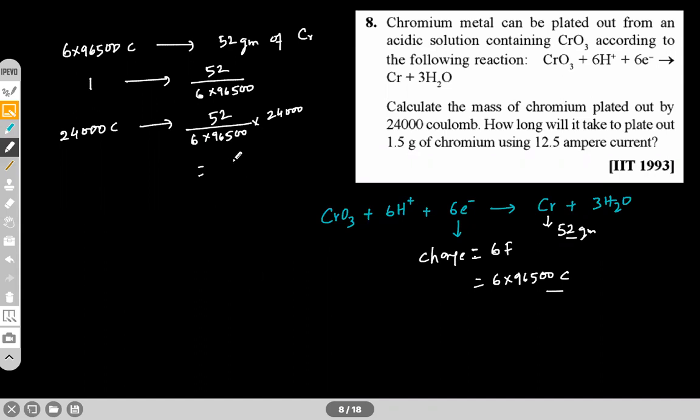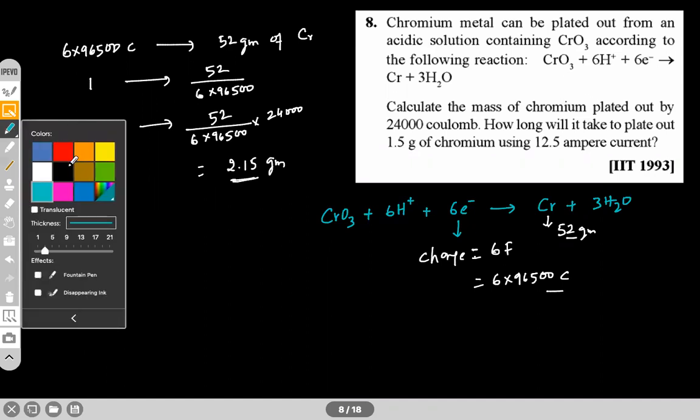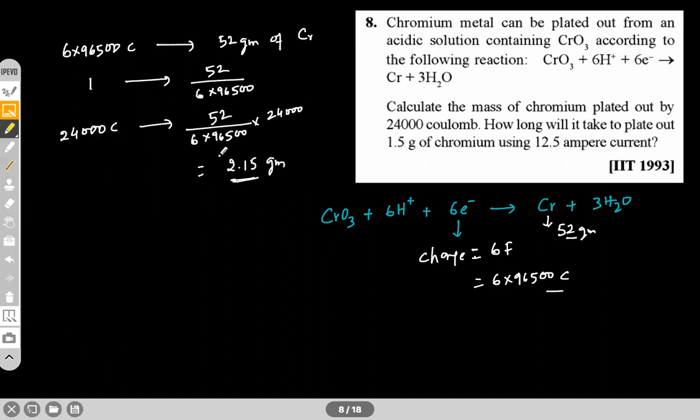Okay, so that is 2.15 gram approximately. So the first answer is this. Calculate the mass of chromium plated out by this. This is the first answer.